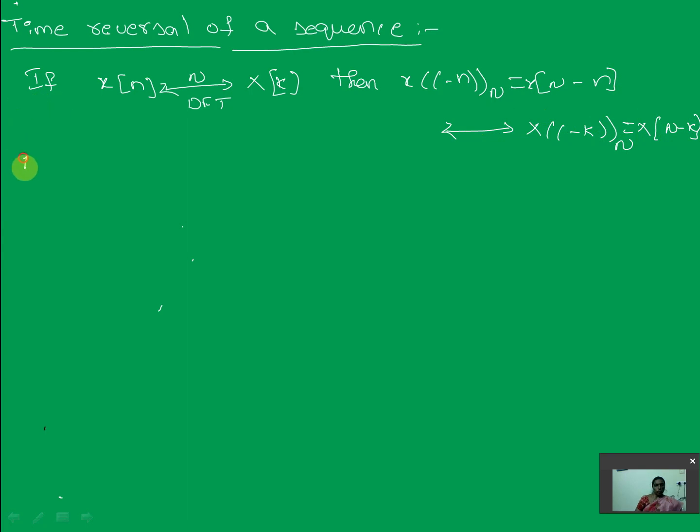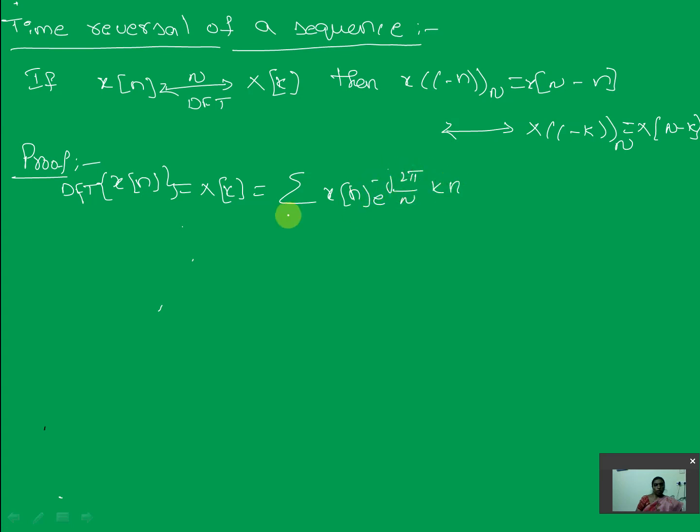To prove this, again take the definition, the DFT of x of n. DFT of x of n is nothing but x of k, that is the summation of x of n e power minus j 2 pi by N kn, where n is 0 to N minus 1.